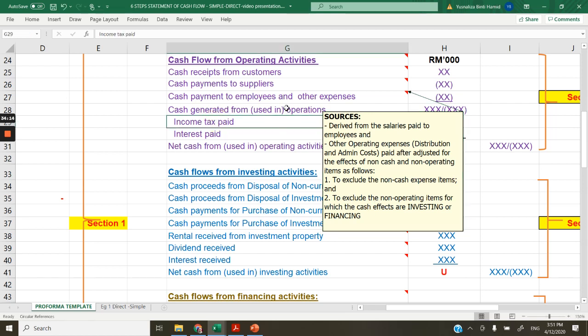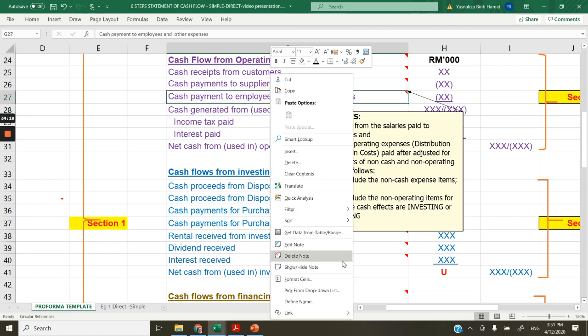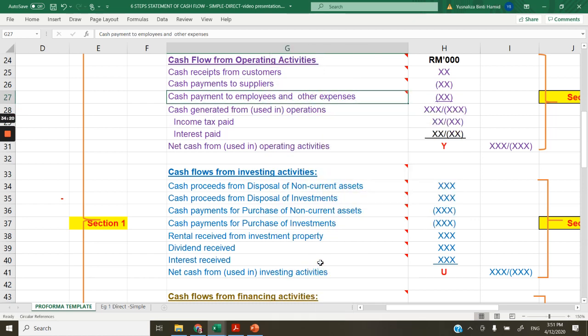The next one is then you will get your cash generated from the operation. If it's a negative figure, that is the cash used in operation. If it's a positive figure, that is cash generated. Then you have income tax paid, what was actually paid to the inland revenue, what was actually credited to settle the tax due to your inland revenue.